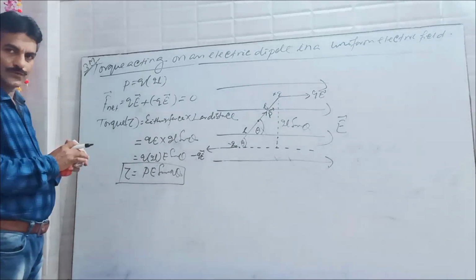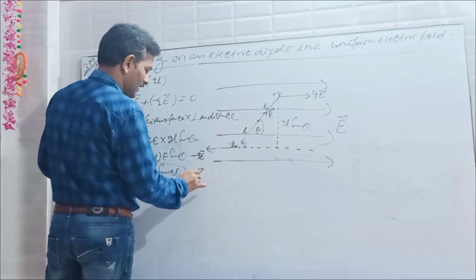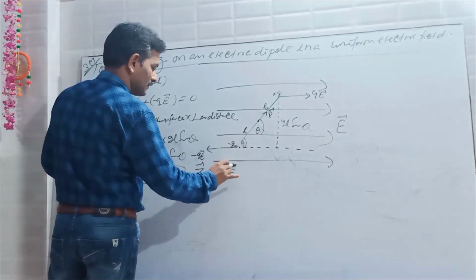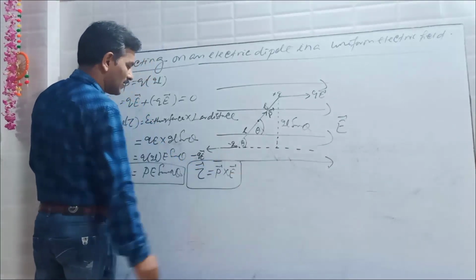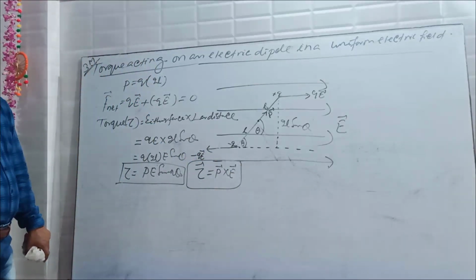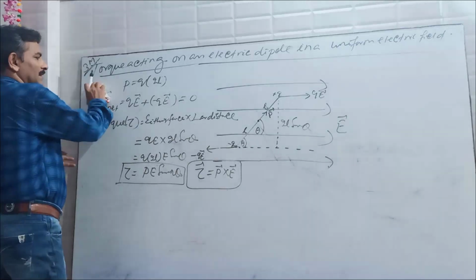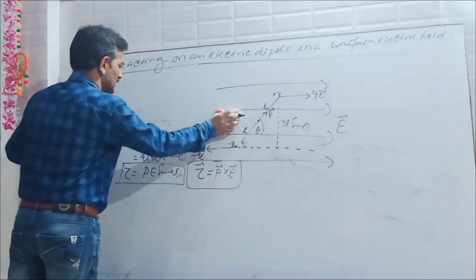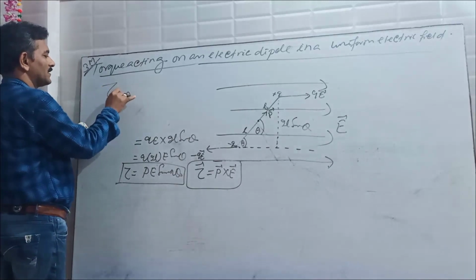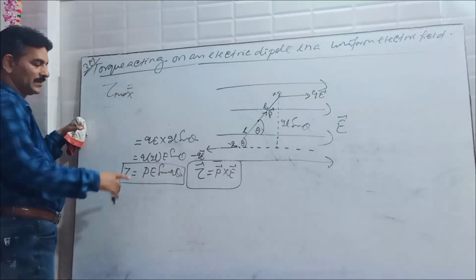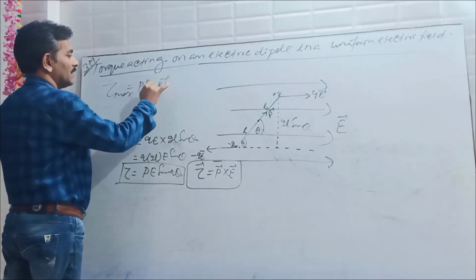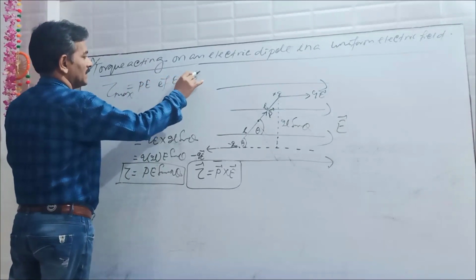This is in magnitude form. What will be its expression in vector form? p cross E. This is the expression for torque in vector form, tau equals p cross E. Clear? Then under what condition will the torque be maximum? Tau max is pE if theta is 90 degree.